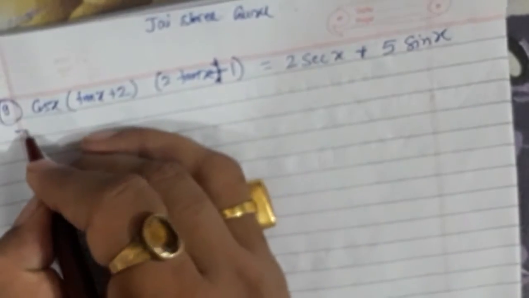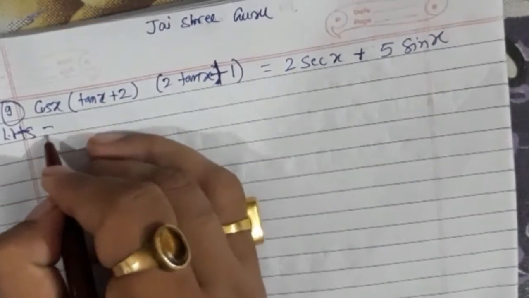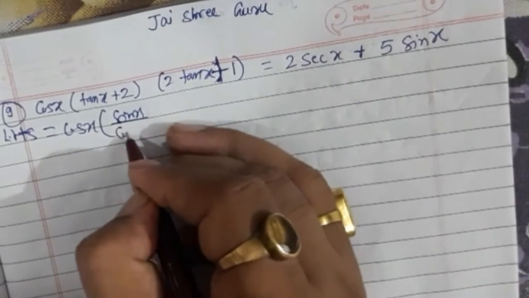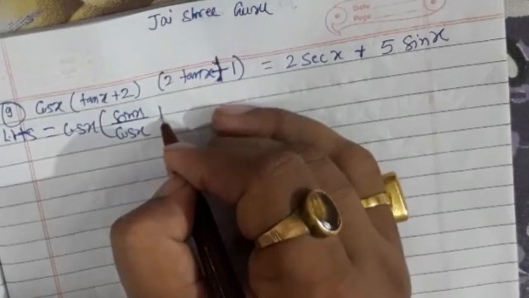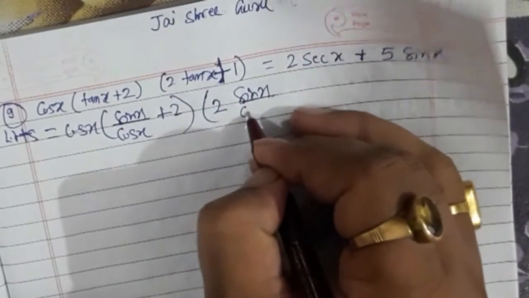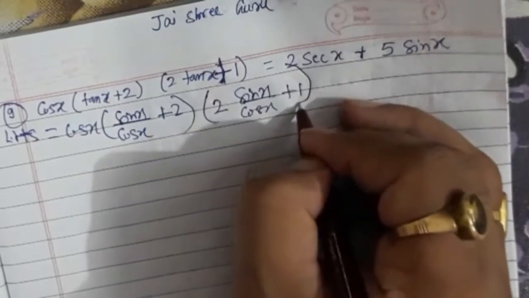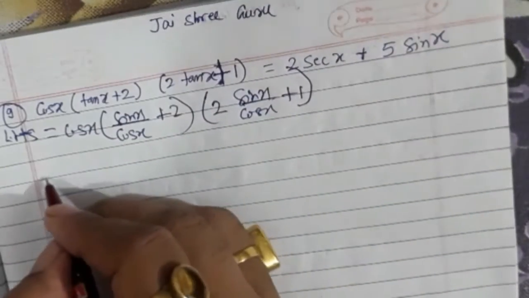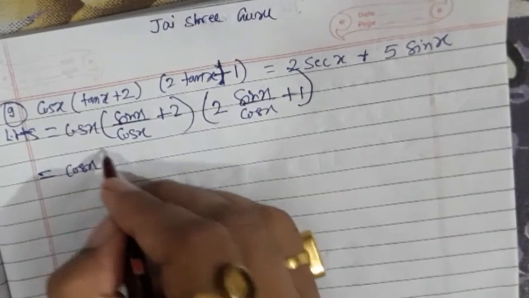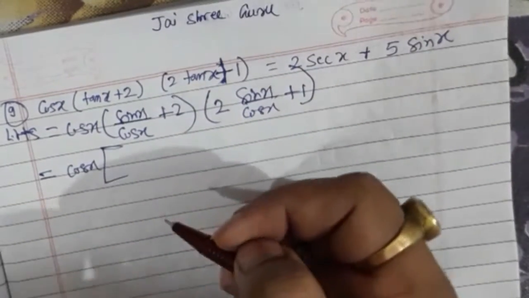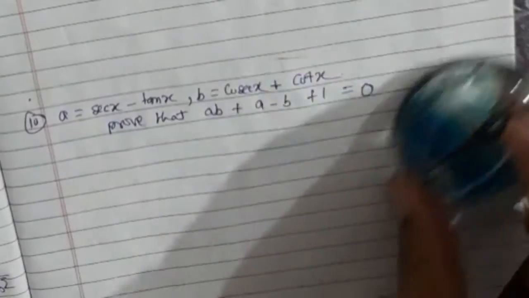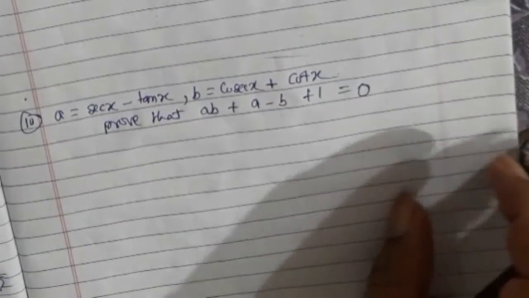I can write this LHS is equal to cos x sin x by cos x plus 2 sin x, and so on. Student, this one is very easy. Please do it yourself. Now come to last question.